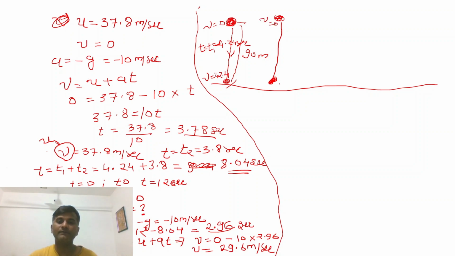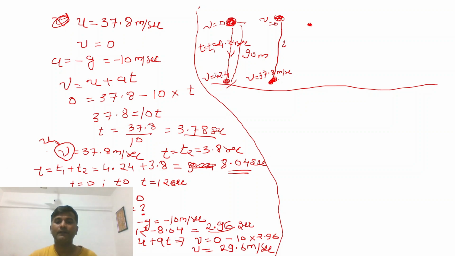Distance will be less than 90 meter. What was the velocity here? It was reduced. Reduced to how much? It was reduced to 37.8 meter per second. Then it came back.